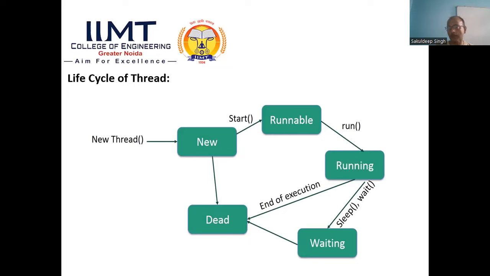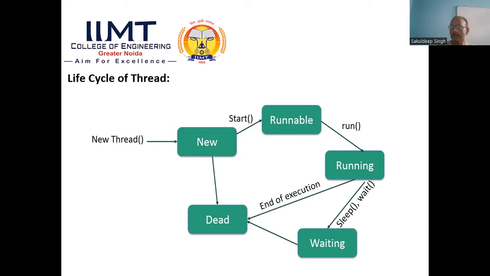With the help of the pictorial representation, the arrows directly indicate the transitions. When a thread is new, it is in the born state. After being born, the thread can go either to the dead state or reach the runnable state. At the runnable state, the run method is called and the thread is running.